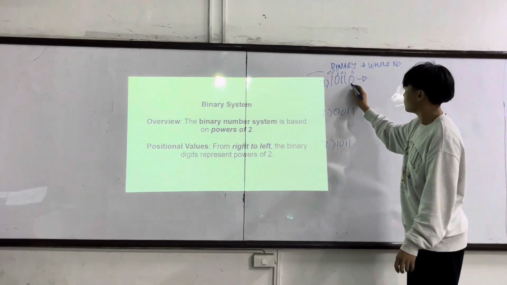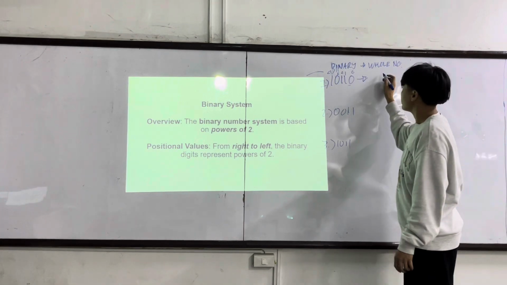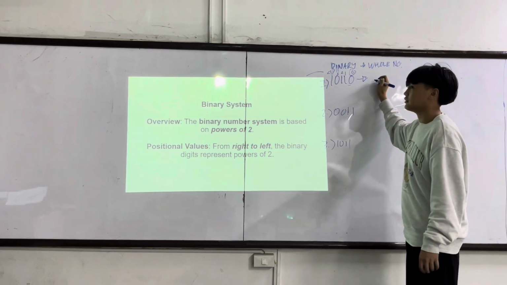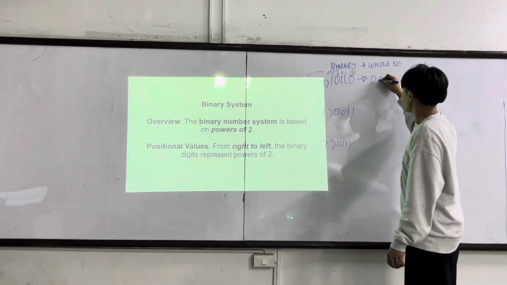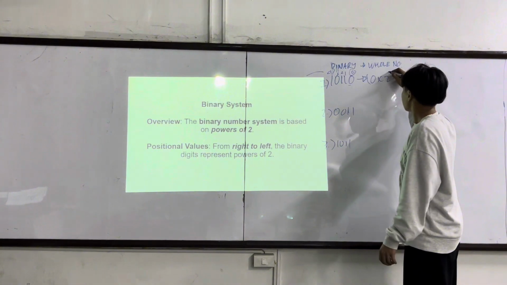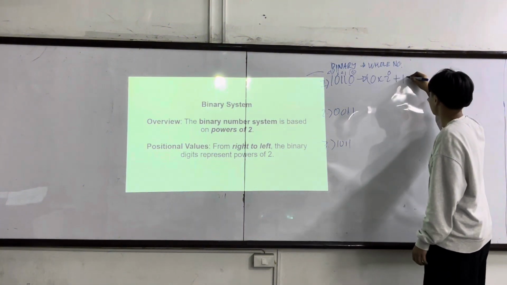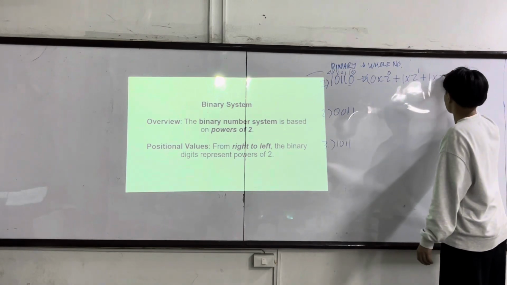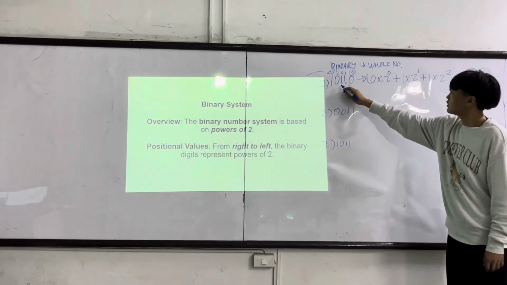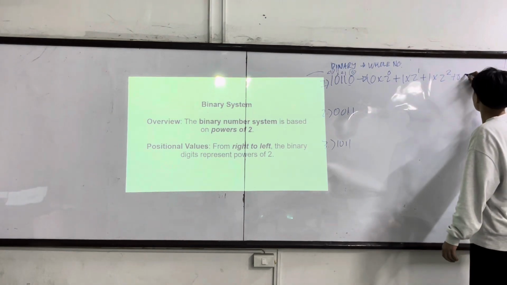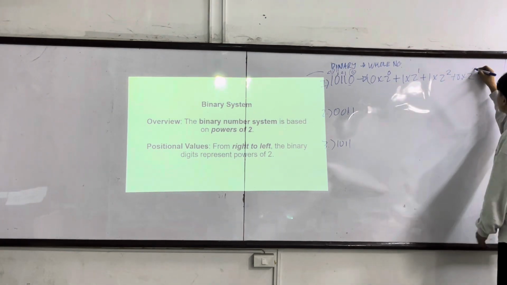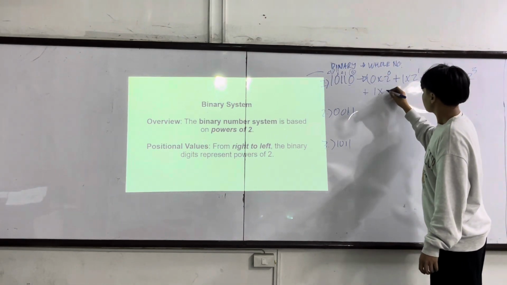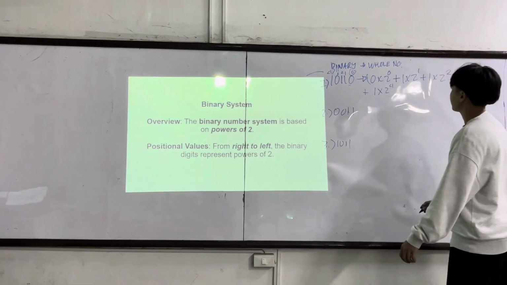Now we multiply each bit by 2 raised to its assigned number as the exponent: 0 times 2 raised to 0, plus 1 times 2 raised to 1, plus 1 times 2 raised to 2, plus 0 times 2 raised to 3, and lastly 1 times 2 raised to 4.